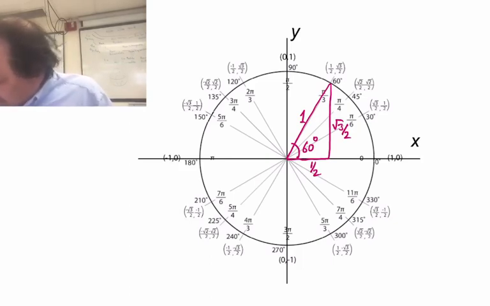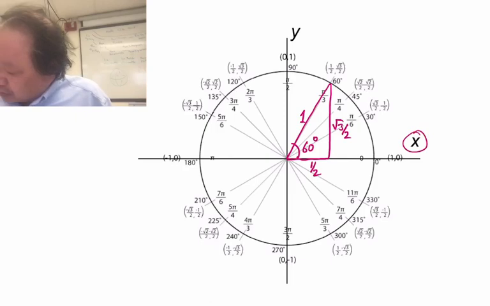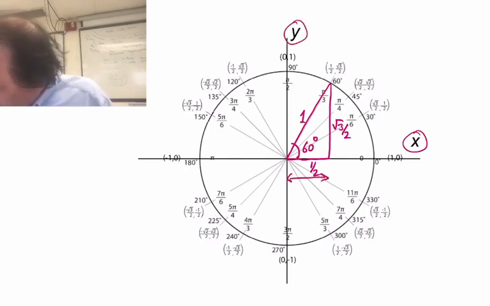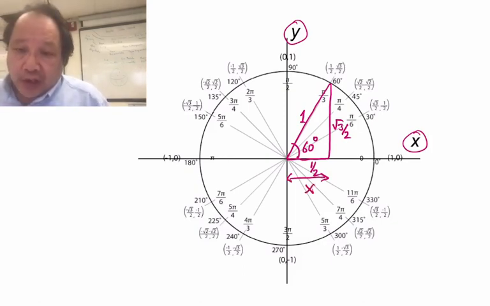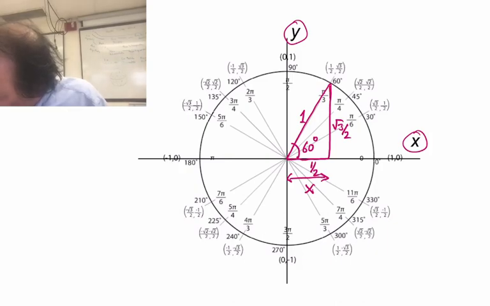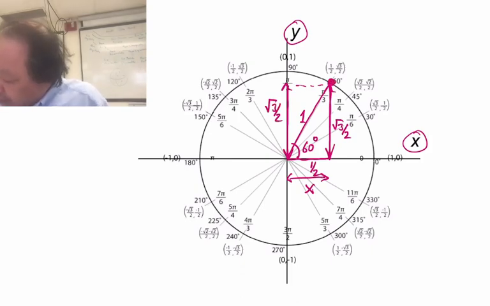That means, since we're now on the XY plane, the horizontal is X, the vertical is Y. So this length here, 1/2, is the X value. Horizontal is how far you've gone along X. And if I move this length over to the y-axis, we've gone over a distance √3/2. So this point here, you've gone over an X amount of 1/2 and a Y amount of √3/2.